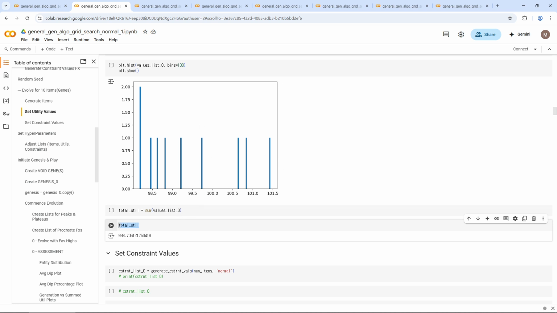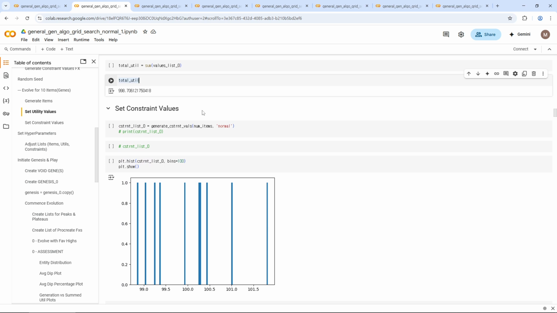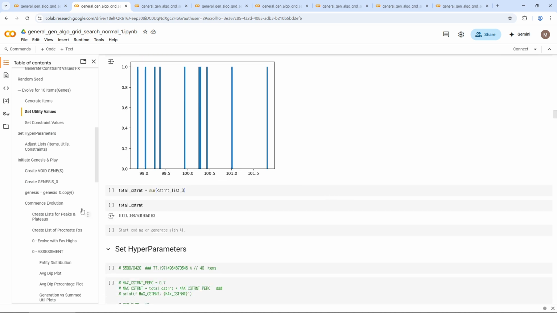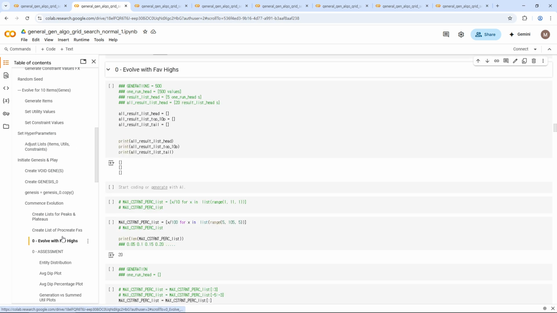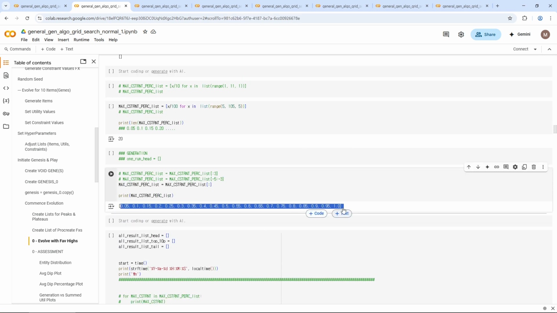So naturally, if you have 10 items, the total sum will be around 1000. That's the sum, 998. The same goes for the constraint values, and the total sum of constraints is 1000. So when I have 10 items, I go through all the maximum constraint percentages, from 5% all the way to 100%.